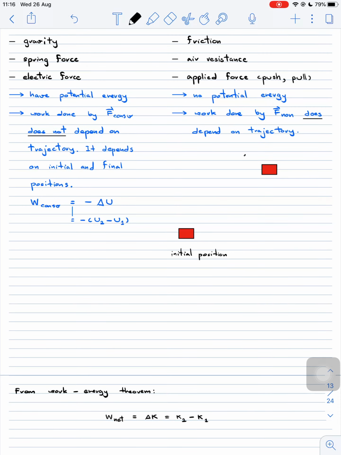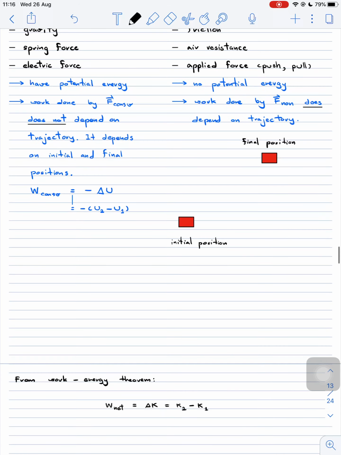So let's say this can be the final position of the object.